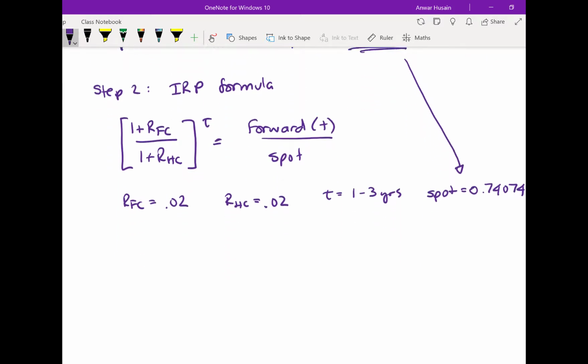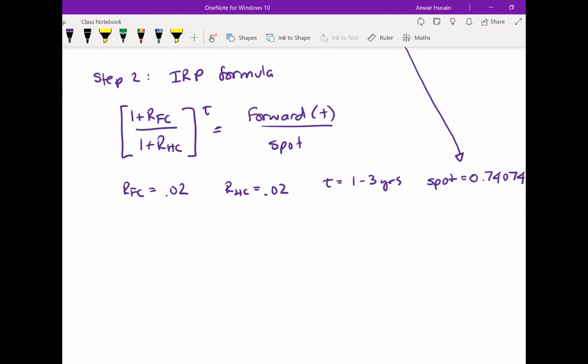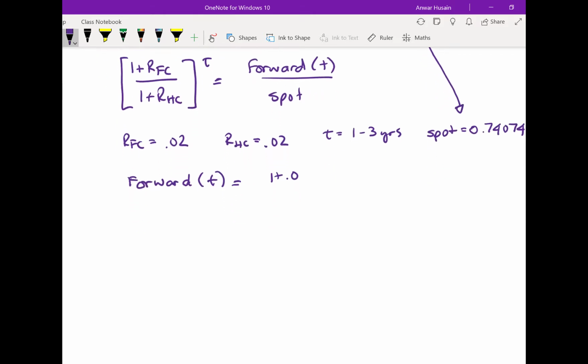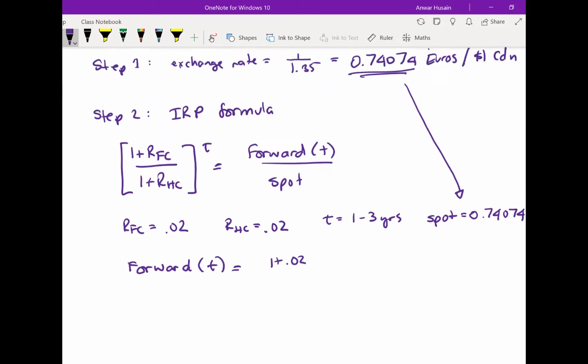Now what we need to do is calculate the forward. So if I rearrange this formula, I can say that the forward at time t is equal to 1 plus 0.02. Oh, actually I made an error here.